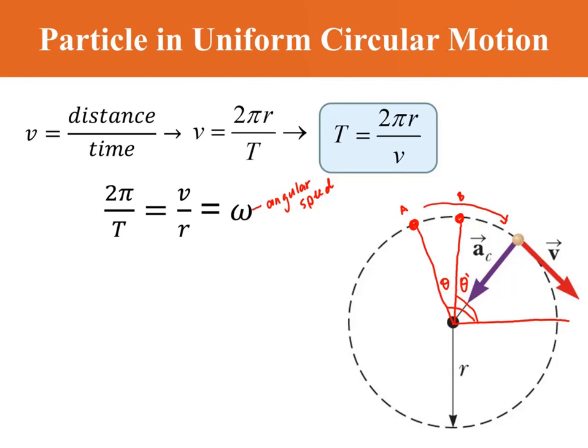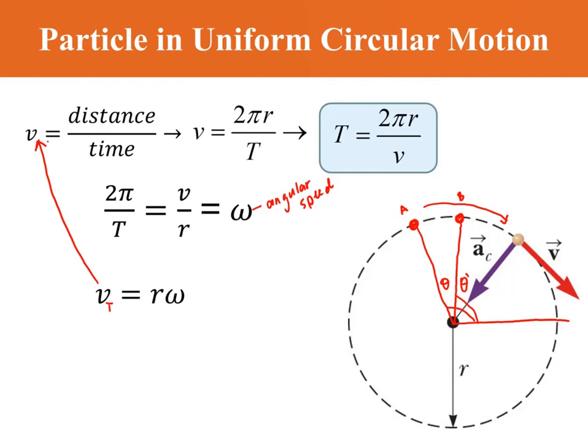And we can define tangential speed. I forgot to put the letter T there. Tangential speed is equal to r omega. Tangential speed is basically the normal speed.